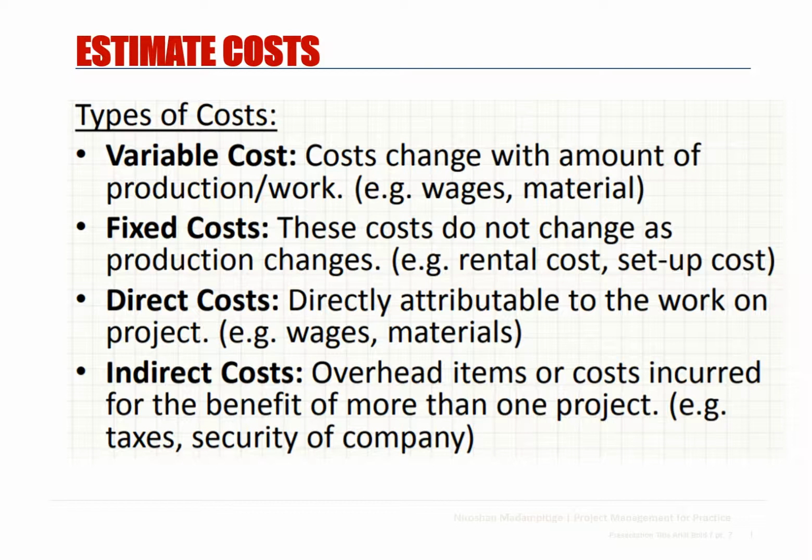That security man is not actually generating any revenue for your company, but he provides the security of the overall company. So it has a cost to your company. Therefore, the security man incurs costs to all projects.